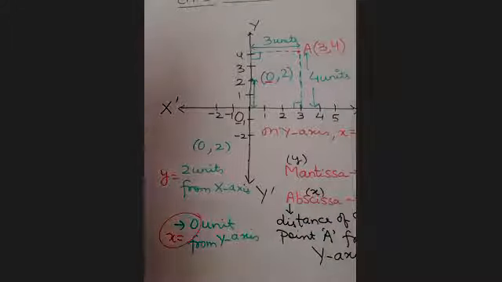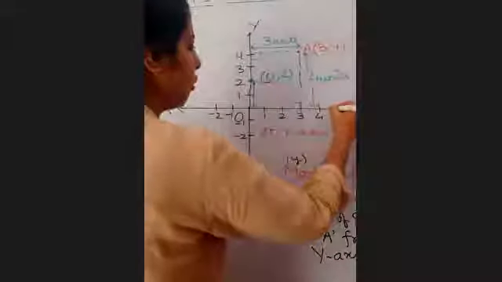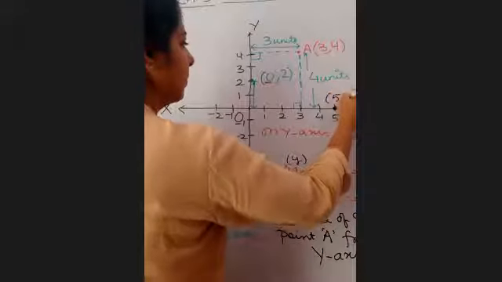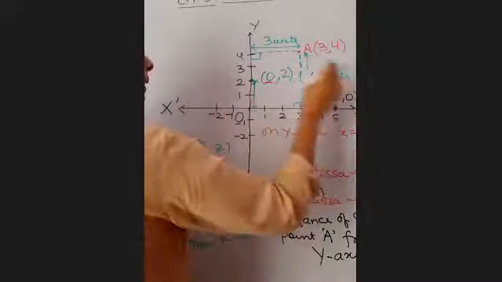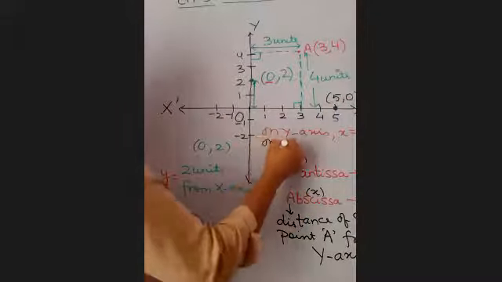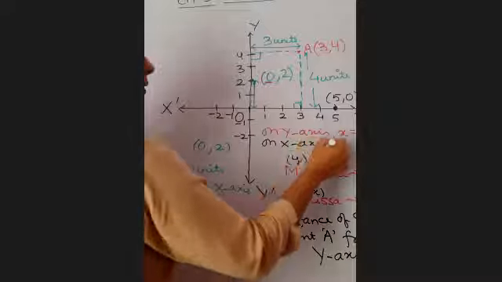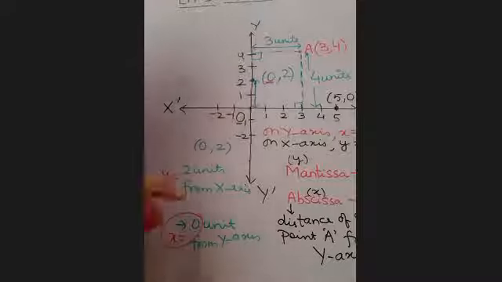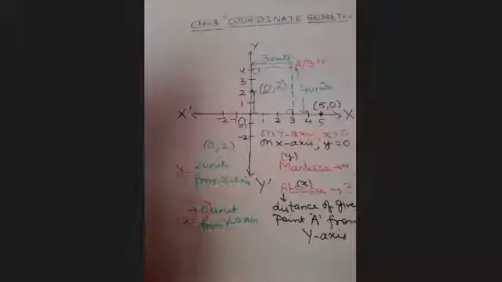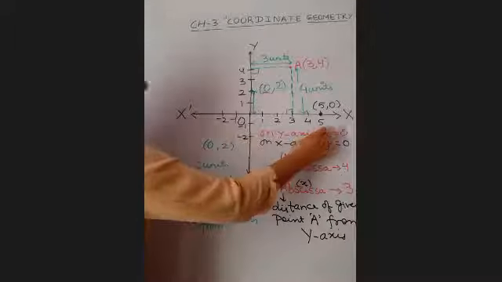ठीक है? Now suppose I am taking a point 5 comma 0 here. 5 comma 0 lies on which axis? X-axis. So on x-axis, what is 0, children? Y. ठीक है? So on x-axis, y is 0. On y-axis, x is 0.